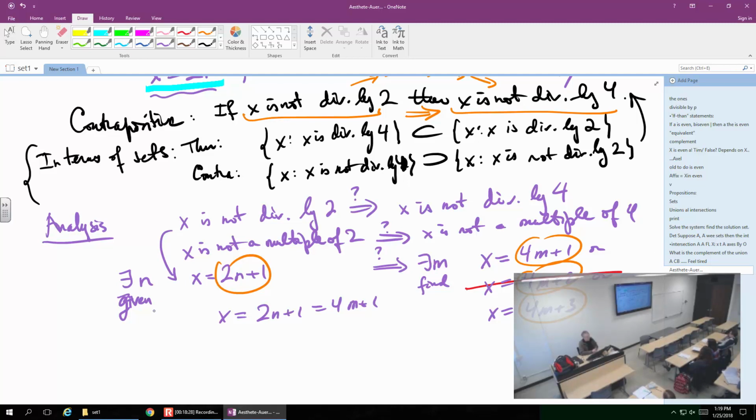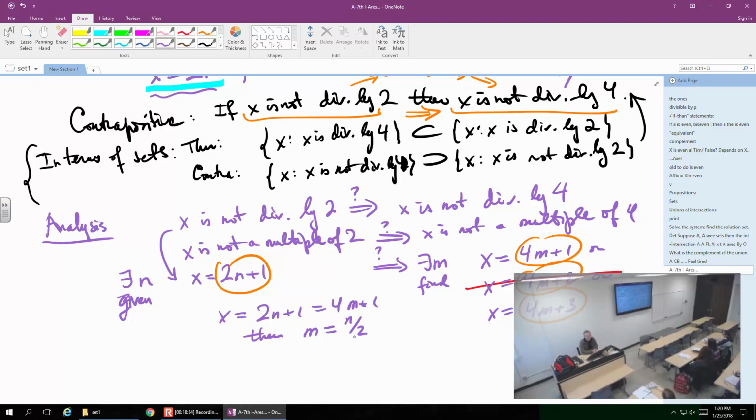Well, you just solve for m, right? So the first possibility is 2n plus 1 is equal to 4m plus 1. What do we do? Then what is m? One half n. Okay, so what can you say about that?